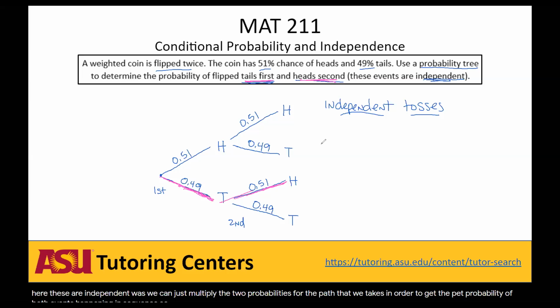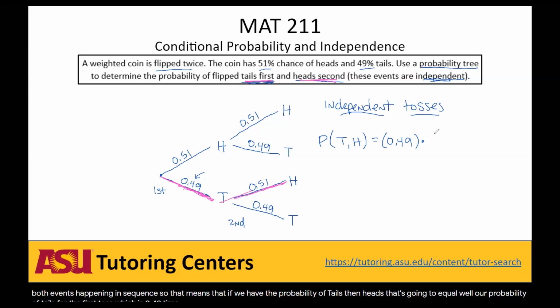So that means that the probability of tails, then heads, is going to equal our probability of tails for the first toss, which is 0.49, times the probability of heads for our second toss, which is 0.51.